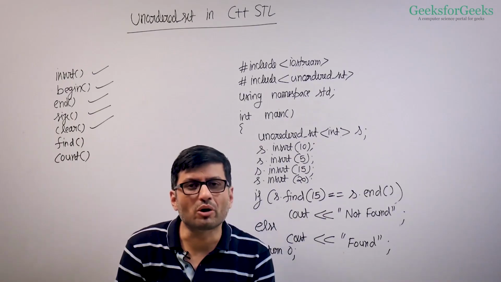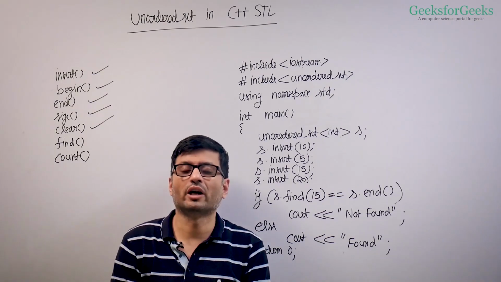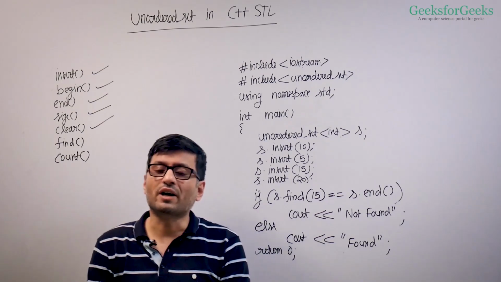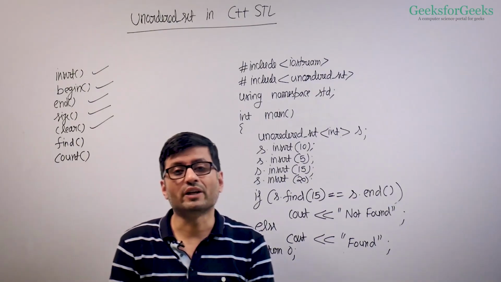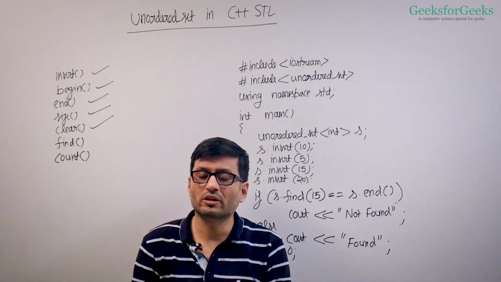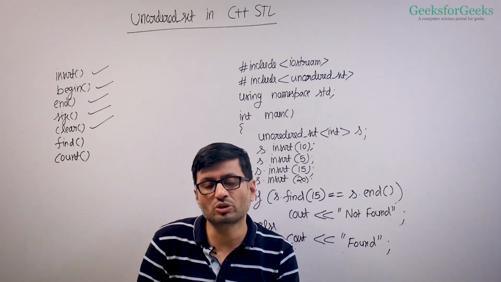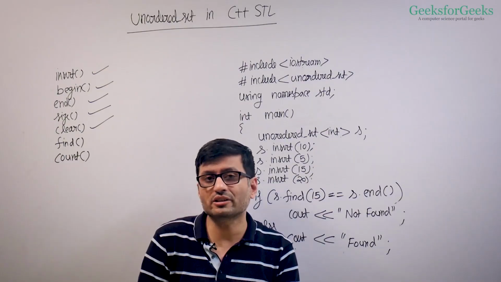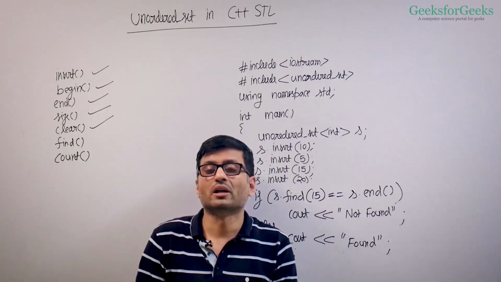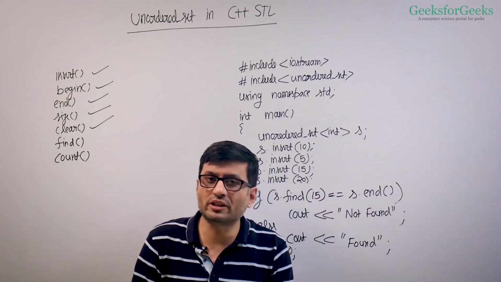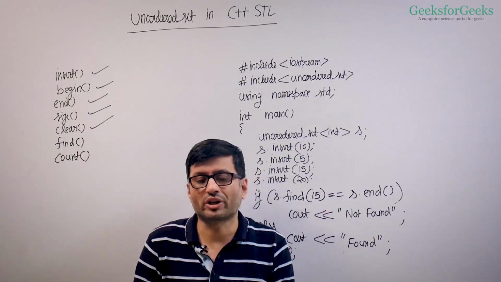Let us now talk about the find function on unordered set. The find function finds if an element is present or not. If the element is present, then it returns an iterator to that element. Iterator is the address of that element. If the element is not present, then it returns s.end.